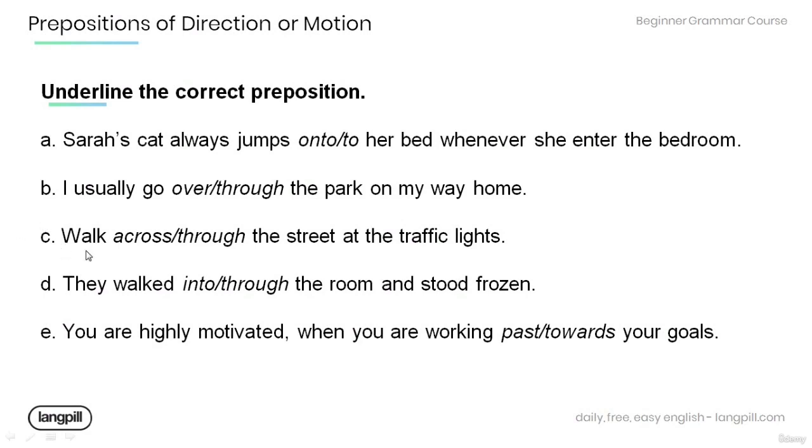C. Walk across through the street at the traffic lights. D. They walked through into the room and stood frozen. E. You are highly motivated when you are working past towards your goals.